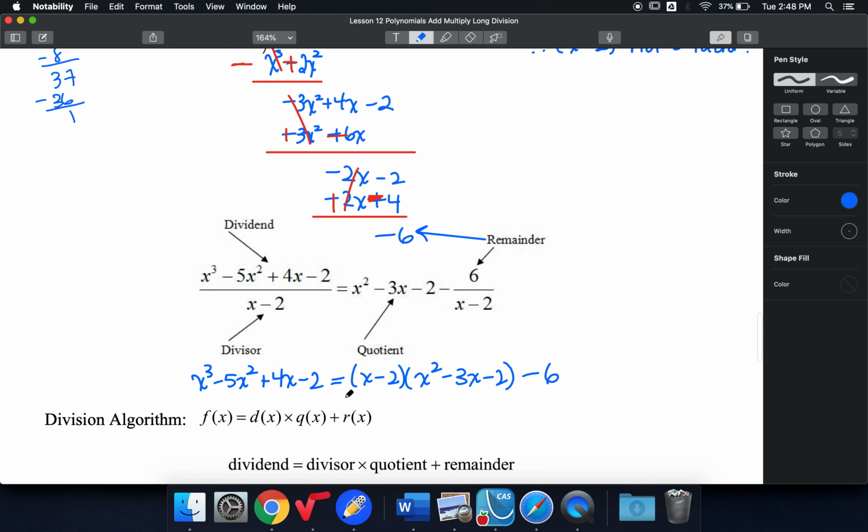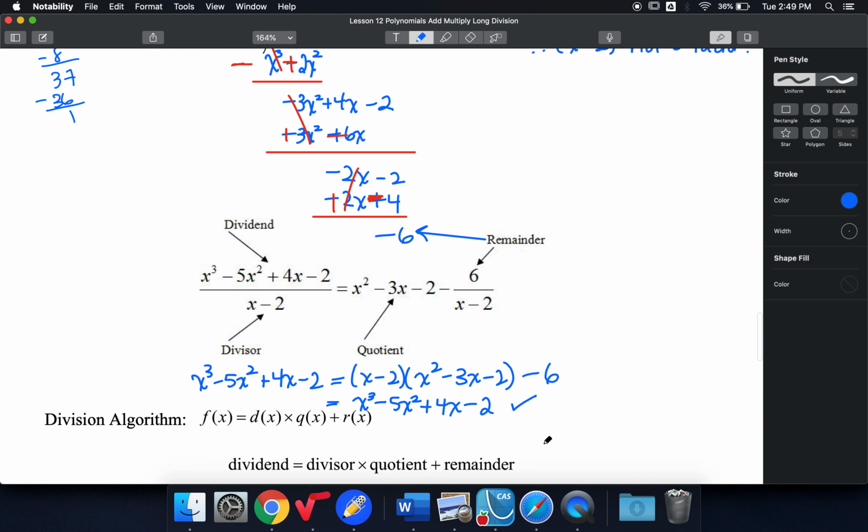So I can always check if my division is true, because now I can verify. If I expand this, I'm going to get x cubed minus 3x squared minus 2x squared is minus 5x squared, minus 2x minus 4x, minus 2x plus 6x is going to be plus 4x. Negative 2 times negative 2 is positive 4. Minus 6 is going to be minus 2.